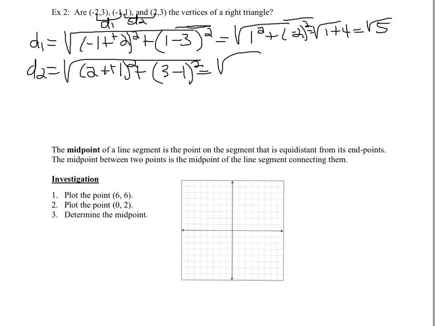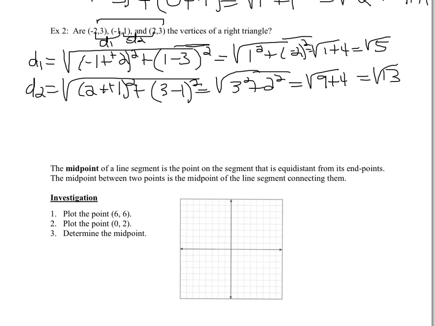So that gives me the square root of 3 squared plus 2 squared, or the square root of 9 plus 4, which is the square root of 13. So I've done the first 2 points together, the last 2 points together. I still haven't done these outer two. So that's going to be our distance 3 right here between those two.